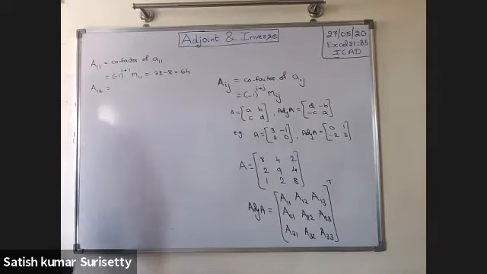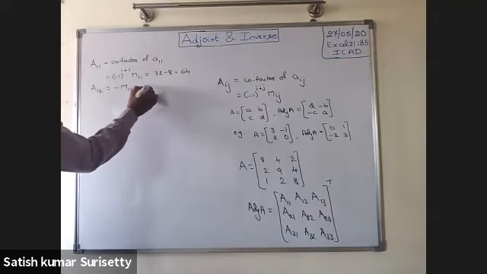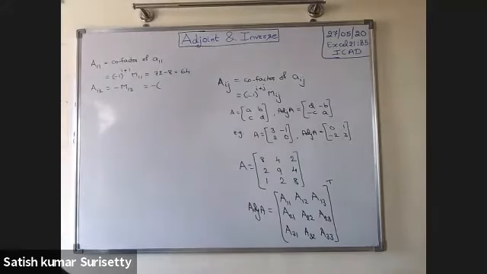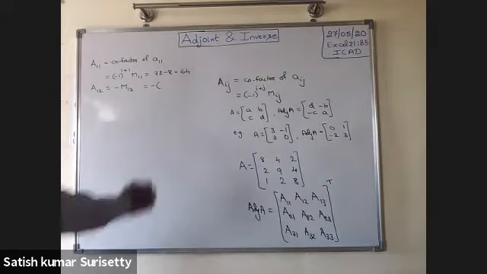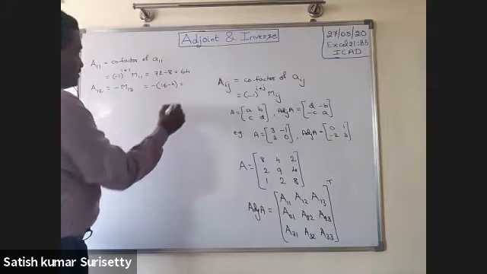A12. So it will be minus M12. Tell me M12. How to calculate M12? Remove the first row and second column. So 16 minus 4. How much?